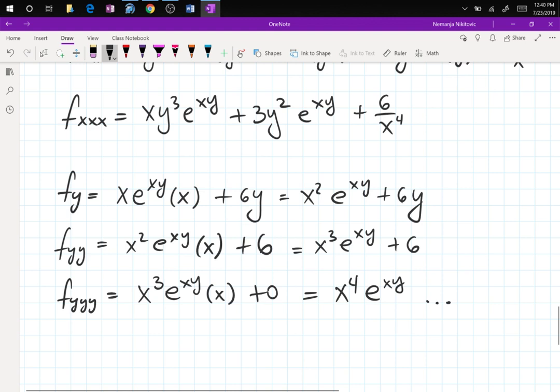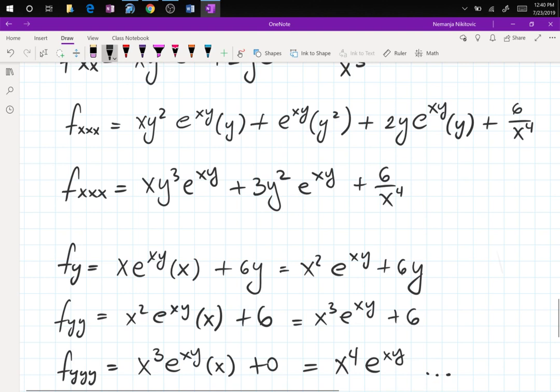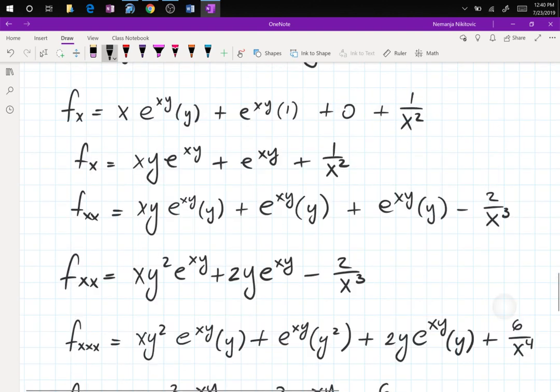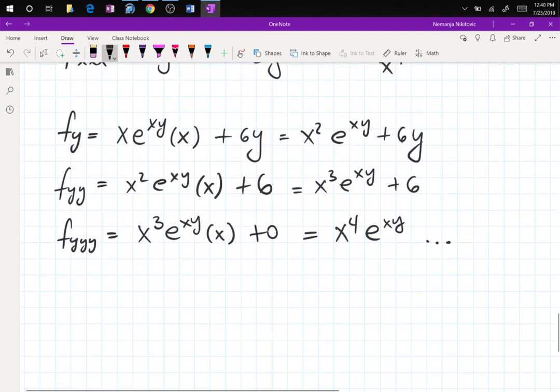For higher derivatives, things get interesting when you have mixed partial derivatives. So we took our first partial derivative with respect to x, and we got that fx is equal to... I'm just going to copy it.